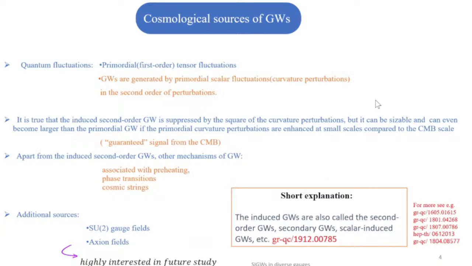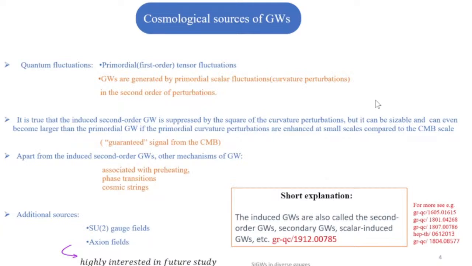Apart from the induced, second order gravitational waves, other mechanisms of gravitational waves include those associated with preheating, phase transitions, cosmic strings, and additional sources such as gauge fields.